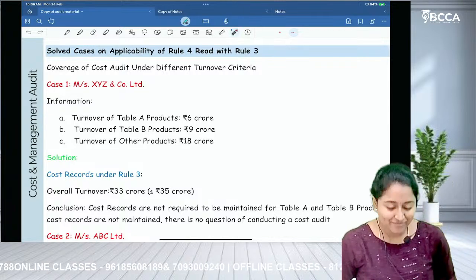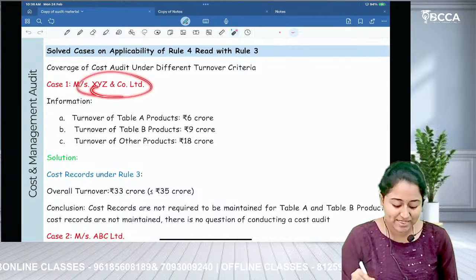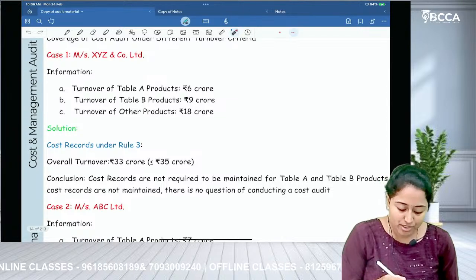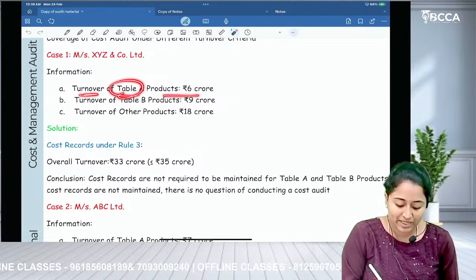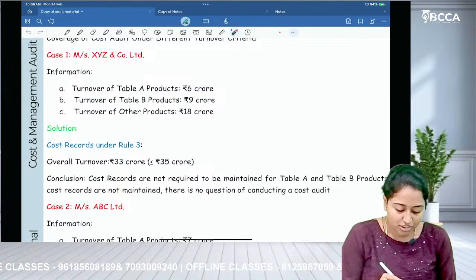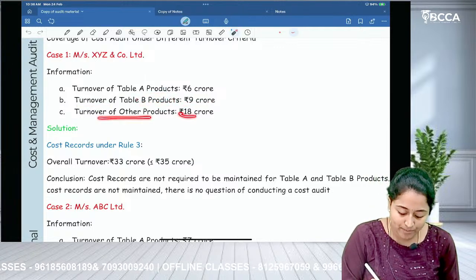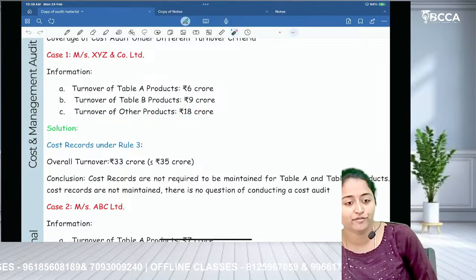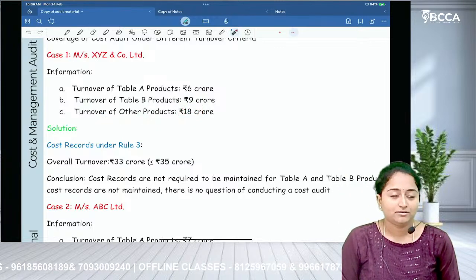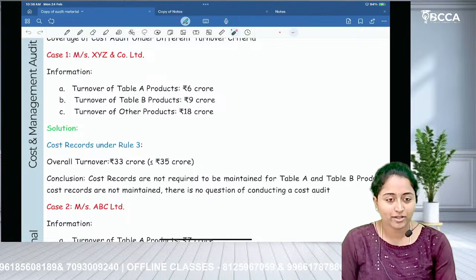Okay. Case 1. XYZ Limited Company. Information is given to us as turnover of table A products are 6 crores, turnover of table B products are 9 crores, and turnover of other products are 18 crores. Now first we'll see whether cost records are applicable or not.